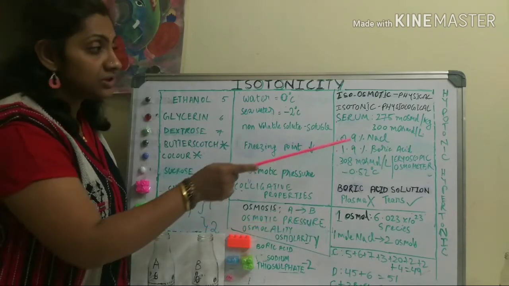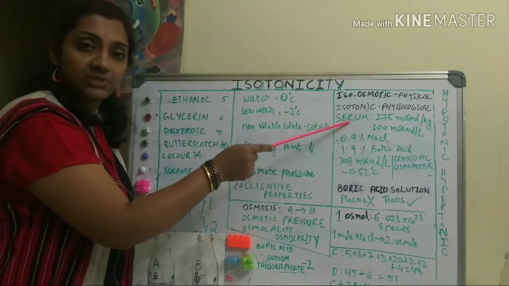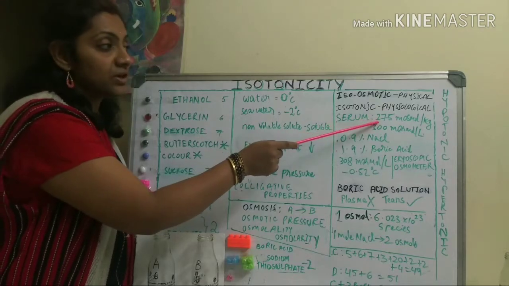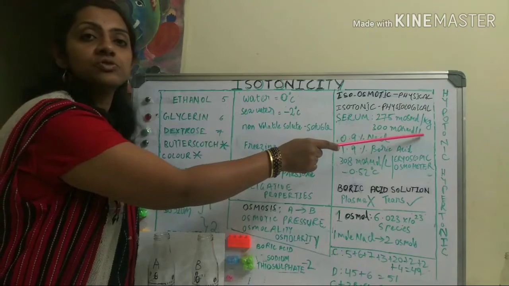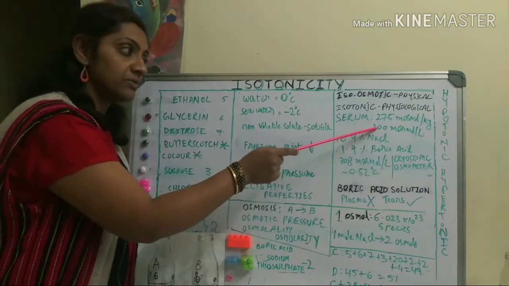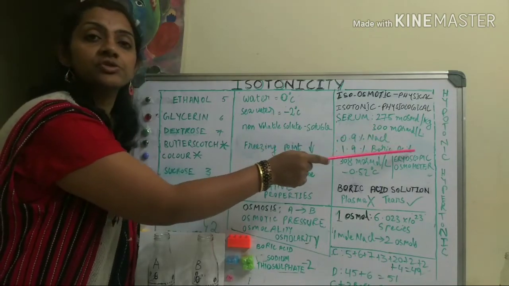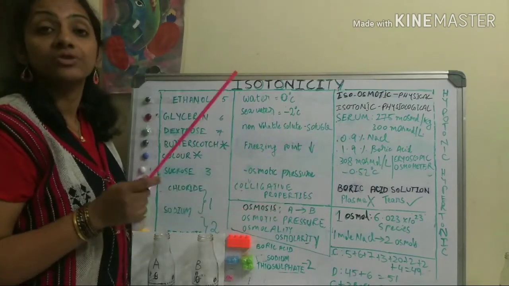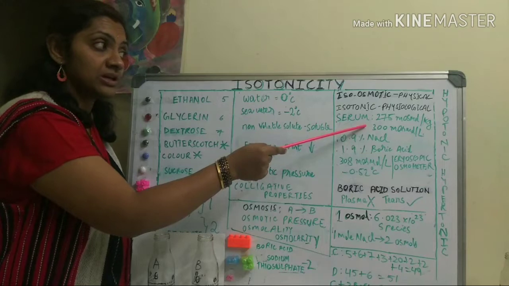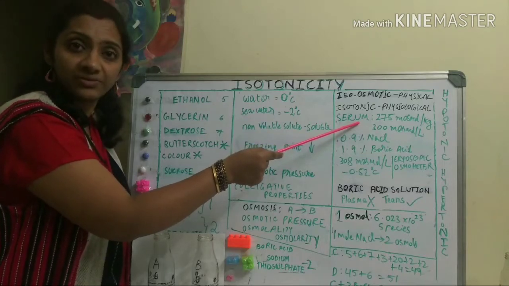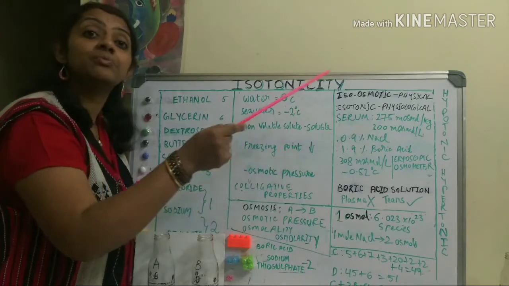Serum has an osmolality of approximately 275 milliosmoles per kg or approximately 300 milliosmoles per liter, which means if you have an injection which is having lower osmolarity, let us say 200, 150 or so, it is hypoosmotic.